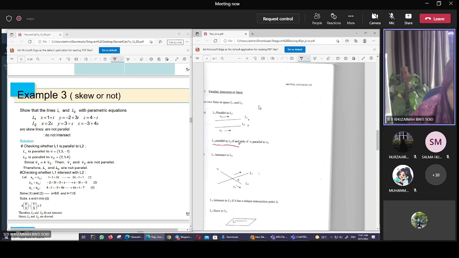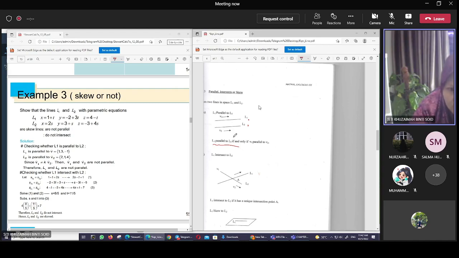Okay, look at this. How do we determine? Last week we discussed about parallel juga kan? But last week it's about the vector. Can determine this vector and this vector parallel. Kan kita nak buktikan parallel tu based on the vector kan? Ingat ke tidak tu ya? Kita buat scalar multiple, ingat tak?